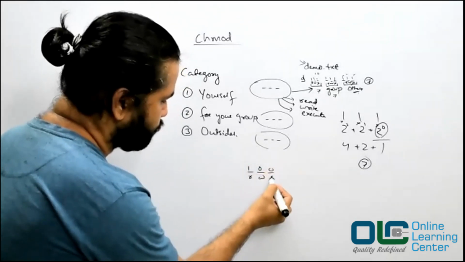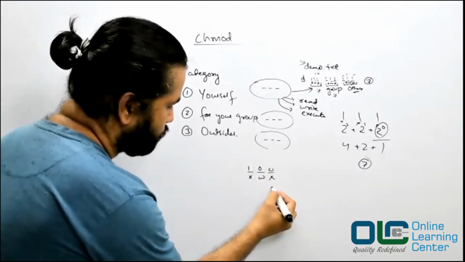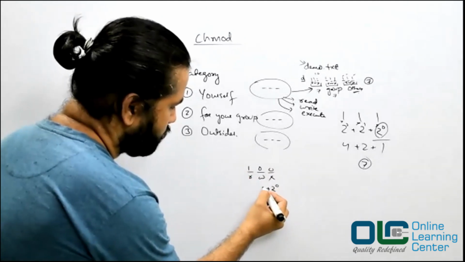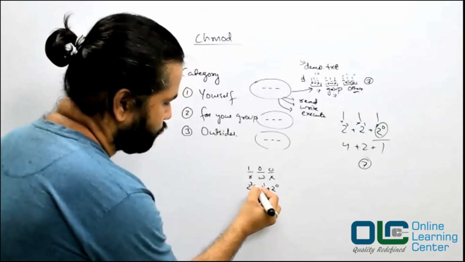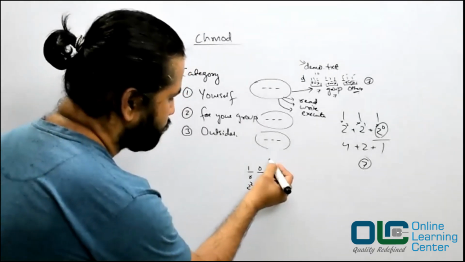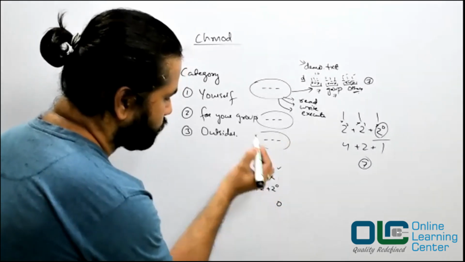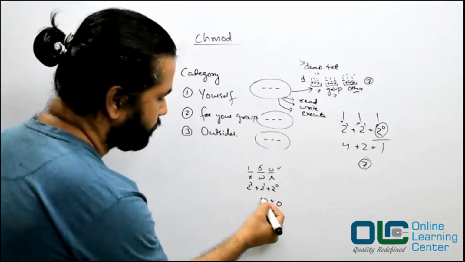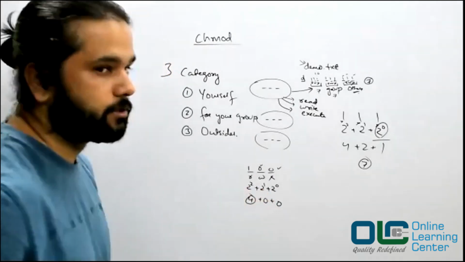2 to the power 0, 2 to the power 1, 2 to the power 2, right? Now this would be 0 because here you have 0. This would also be 0 because here you have 0. And 2 to the power 2 is 4. So you will give a permission of 4.